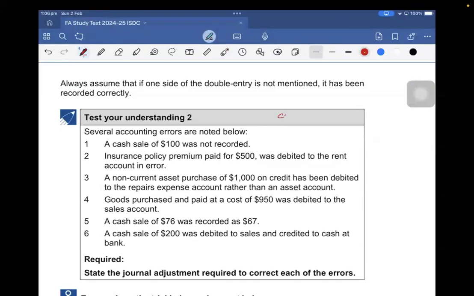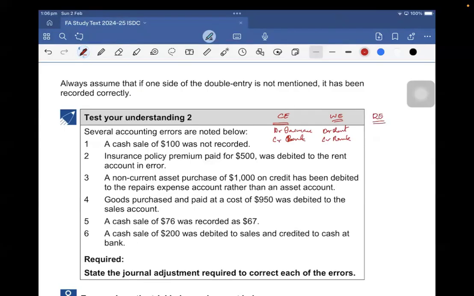The correct entry should have been debit insurance and credit cash or bank, 500. The wrong entry they took in was debit rent, and they correctly recorded credit bank. So you need to rectify this.